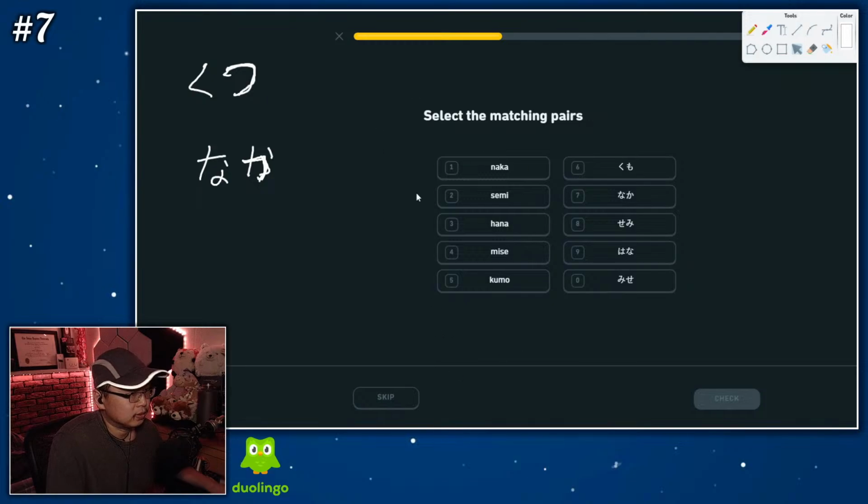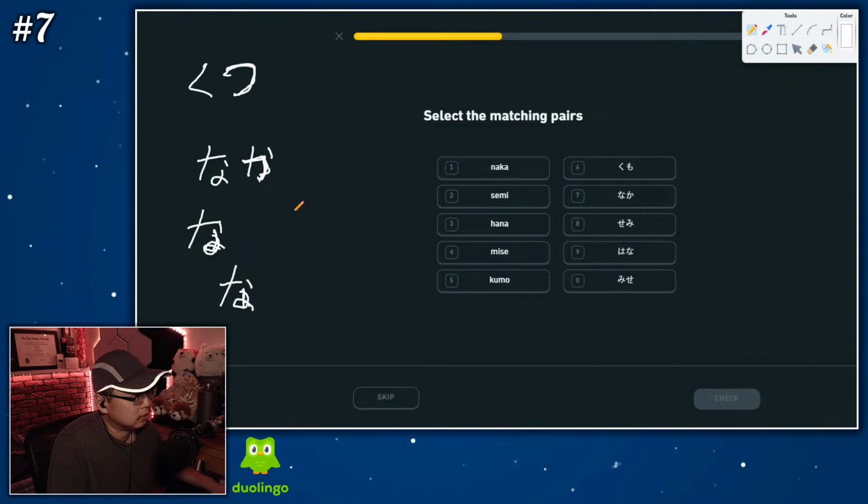All right, let's do the left. Let's do the romaji to the kana, then the kana to the romaji. Oh my gosh, too much. I'll work on this.